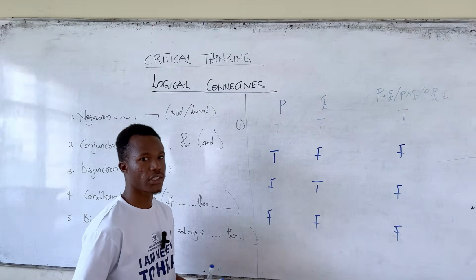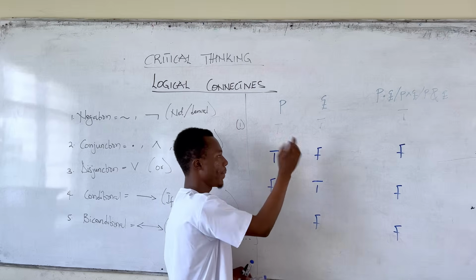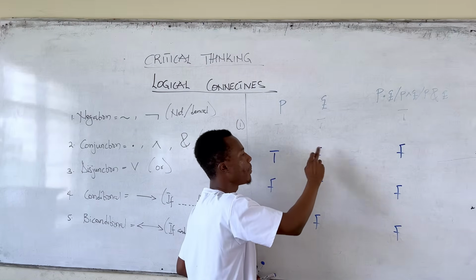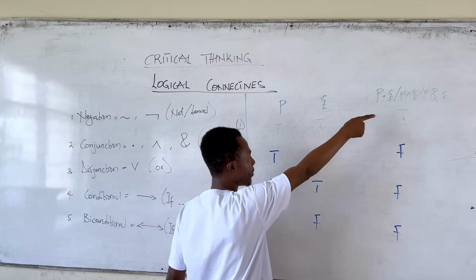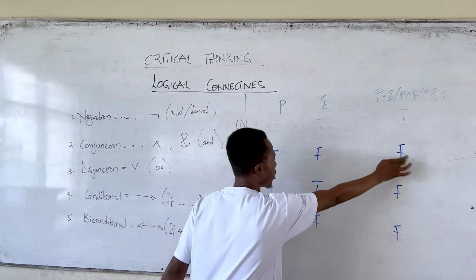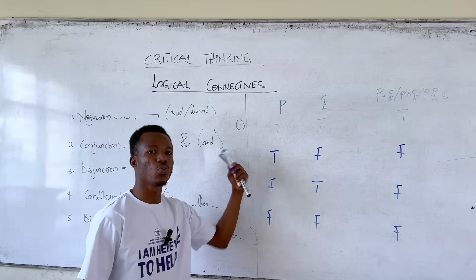False. I hope you get it. So if you tell me all birds have feathers and pig is a bird, then your statement is going to be what? False, because you have an atomic proposition which is false.